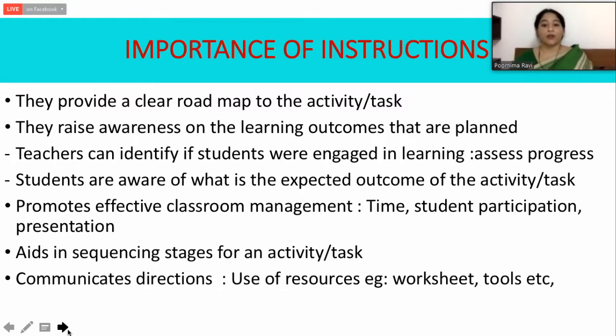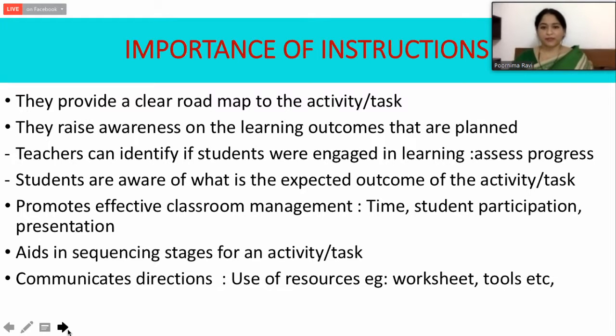Students are aware of what is expected, the expected outcome. Let's just say the expected outcome is the completion of a true or false activity, or a one-word question, or a pair demonstration, or a group discussion. It also promotes effective classroom management. Instructions are not just commands, but an informative bit that you give to your students. It's information that is collected through a lesson.